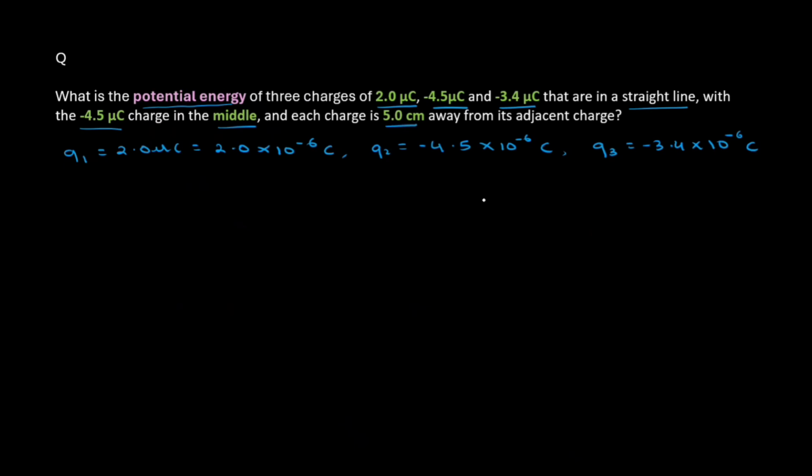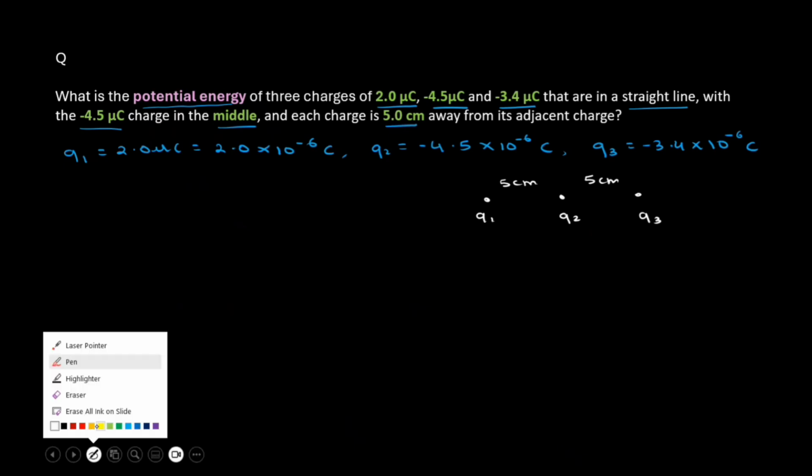And they are placed in a straight line. So I will call Q1, Q2, and Q3. And the distance between each of the adjacent charges is 5 centimeter. And the charge Q2 is at the center. So we can write the distances between these charges first before we begin solving.